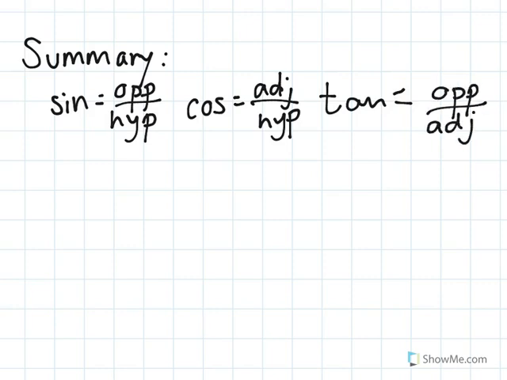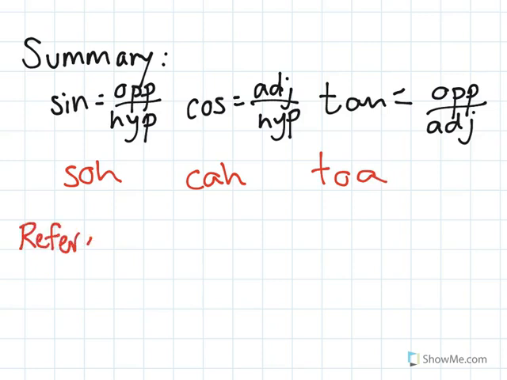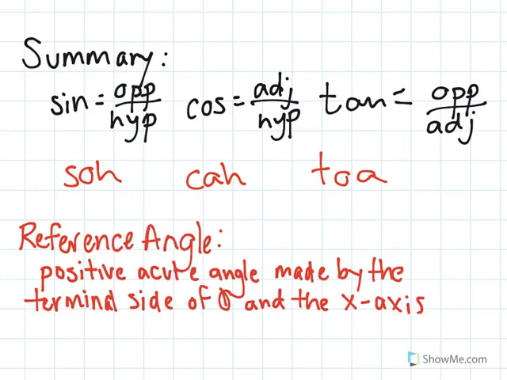And we can remember that with SOHCAHTOA. It's also important to remember that a reference angle is the positive acute angle made by the terminal side of theta and the x-axis. And don't forget, when you're working with the reference angle, it's important to remember what quadrant your original angle was in.